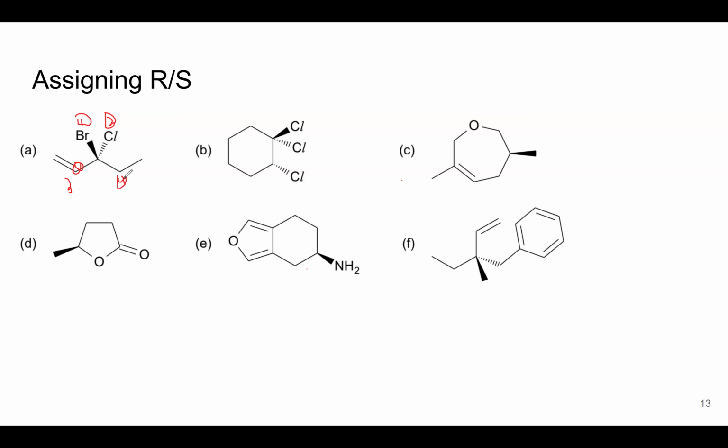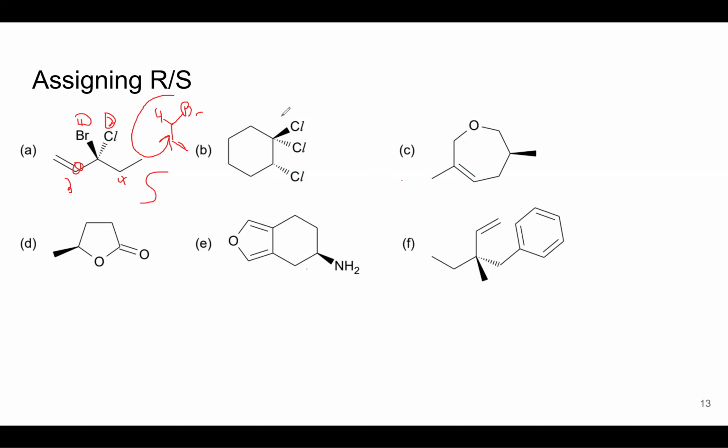So we're going to place this group at the back. When we do, we have bromine here, chlorine here, and your third priority group here. So going from 1 to 2 to 3, it's anti-clockwise, so it's sinister. S.